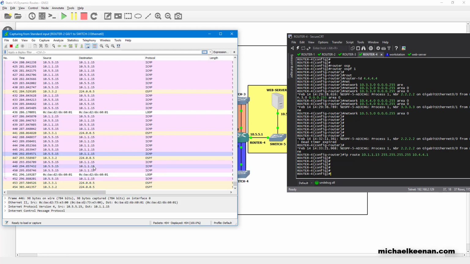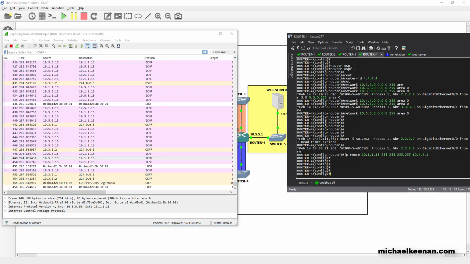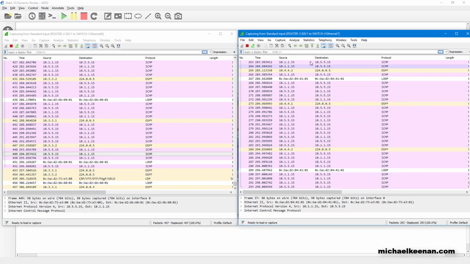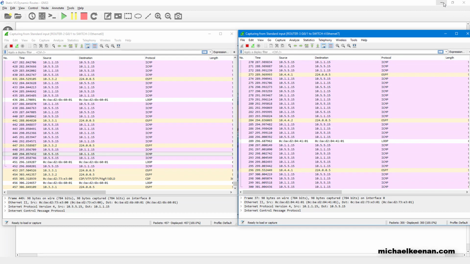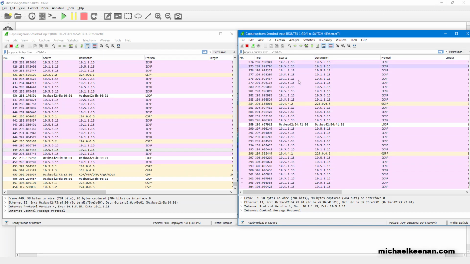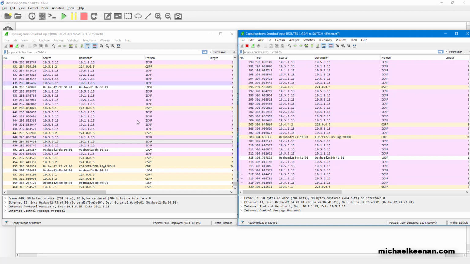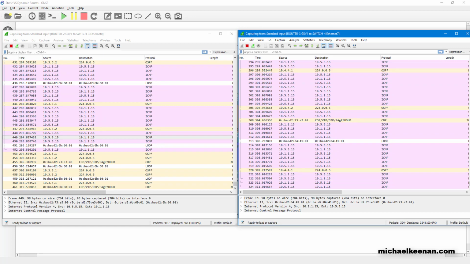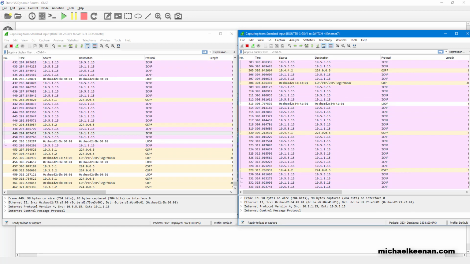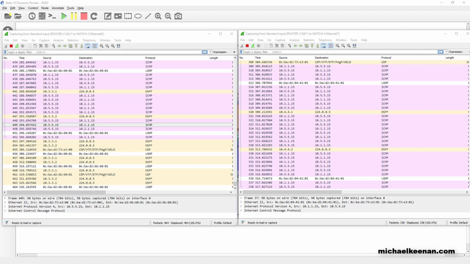So you see the pings have ceased going that direction, and they are now going from router 3 to switch 4, taking the alternate path. The reason for that is because we've added static routes going both directions. So that's an example of static routes having a higher order of precedence over dynamic routes.